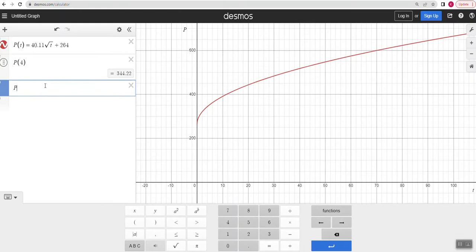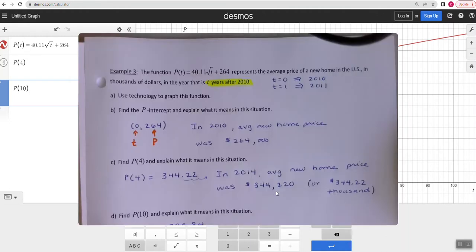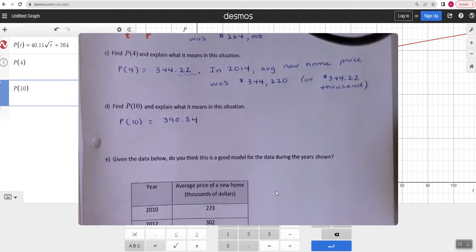All right, we're next supposed to find P of 10 and explain what that means. So P of 10 just plugs 10 in for the t value for us. And that's about 390.84, let's call that. So now we've gone 10 years past our starting year.